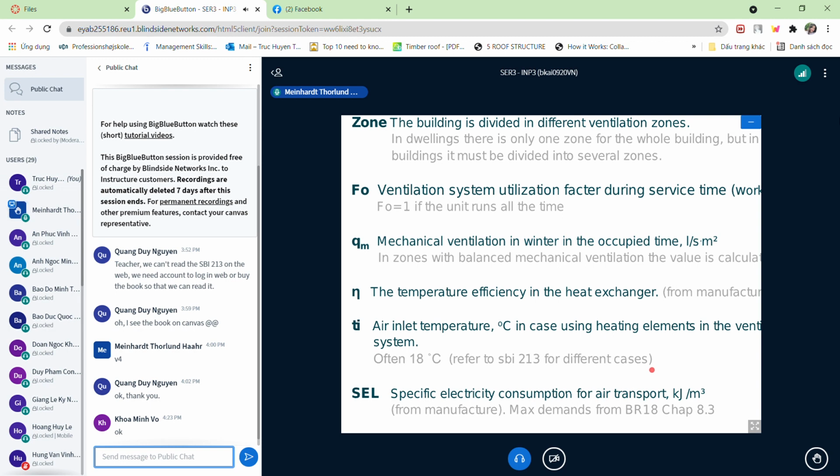Of course, you get some numbers from the manufacturers, or you can look at the building regulation and see what the minimum or maximum requirement is, to be honest.